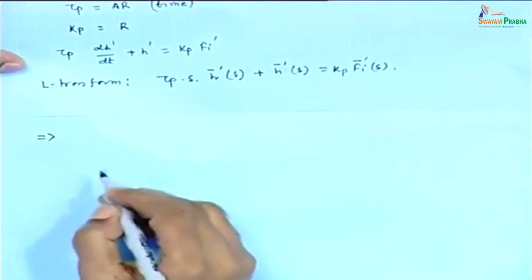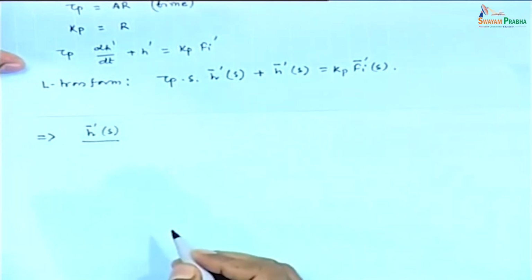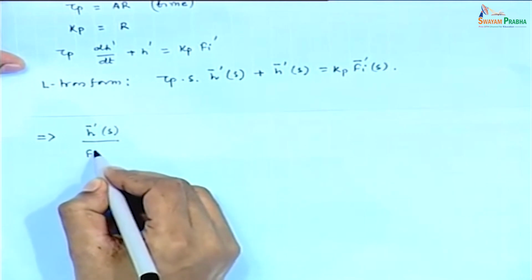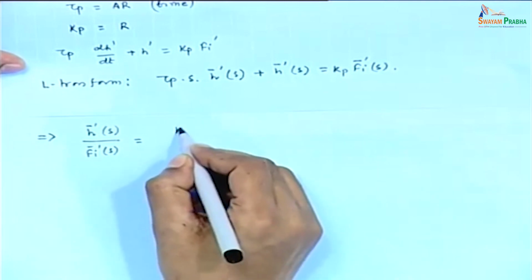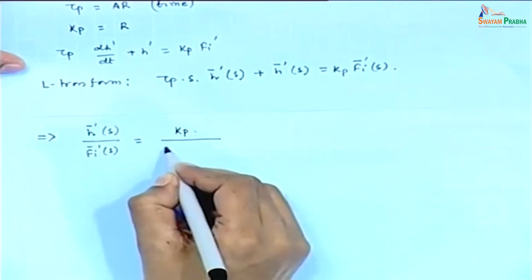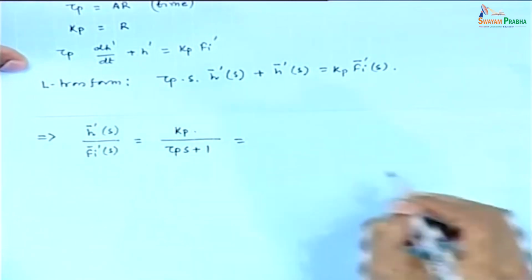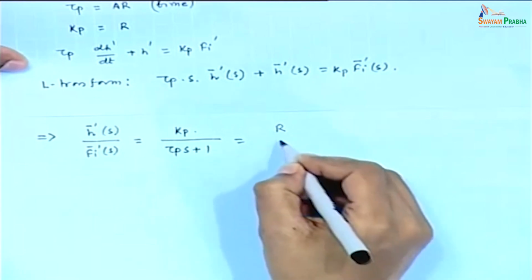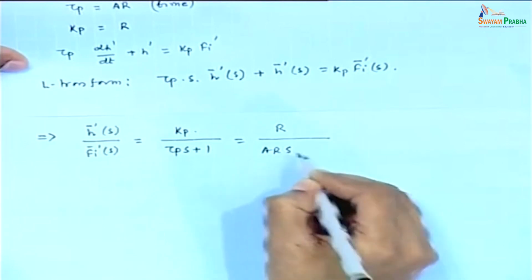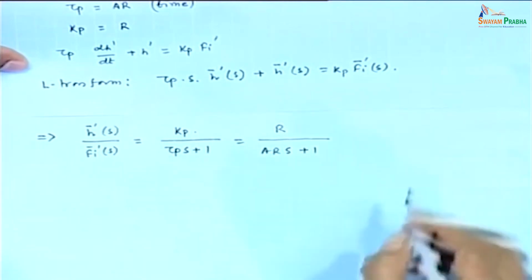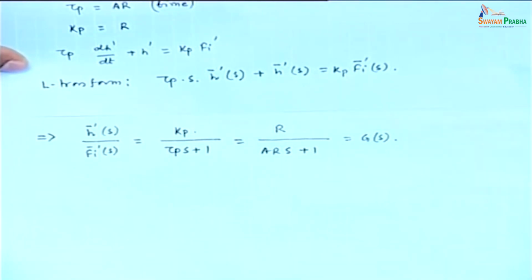Now, if we rearrange, then finally we get H bar prime(s) divided by Fi bar prime(s) equal to Kp divided by tau p s plus 1. Here Kp is basically the resistance, tau p is AR. This is the transfer function of this liquid level system.